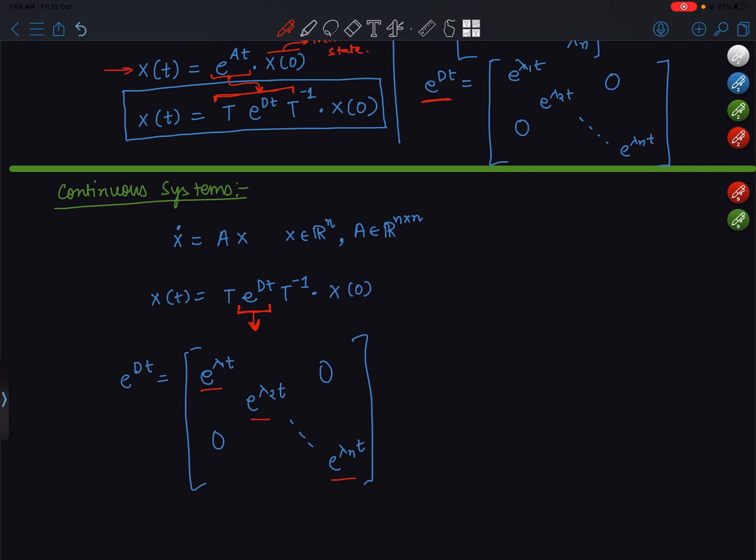So as t tends to infinity, if all of these terms are always bounded within some range, then the system is stable. But if some e to the power lambda k t goes to infinity as t tends to infinity, then the system is unstable.